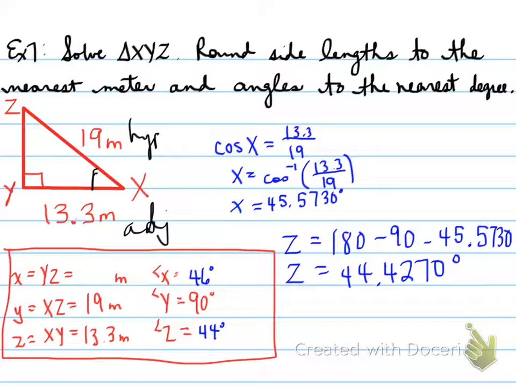Okay, so this uses, again one more time, the theorem that says sum of the angles in a triangle theorem, SATT for short, telling you that all the angles in a triangle equal 180 degrees. We have one more thing to do, and that is to find side x.